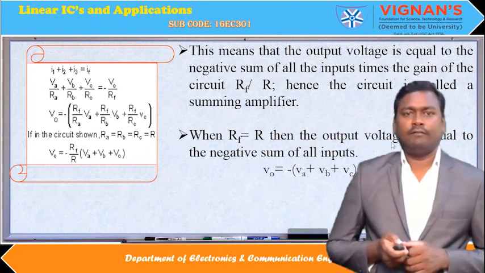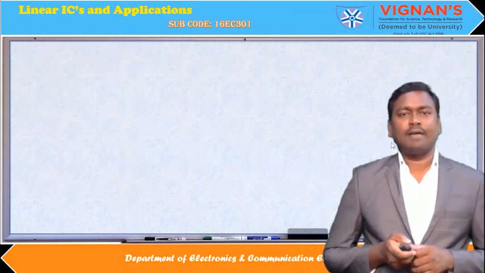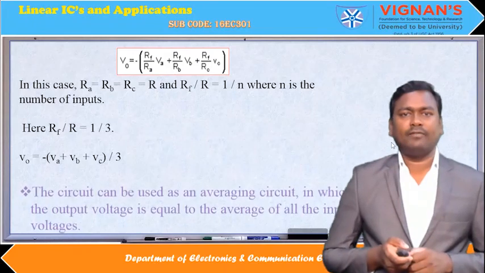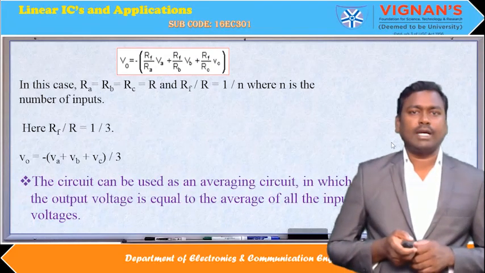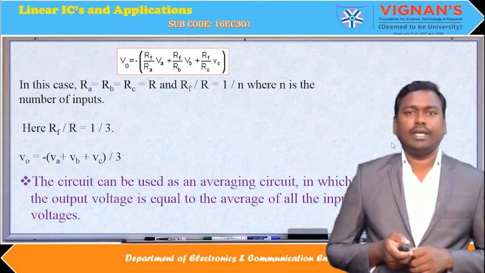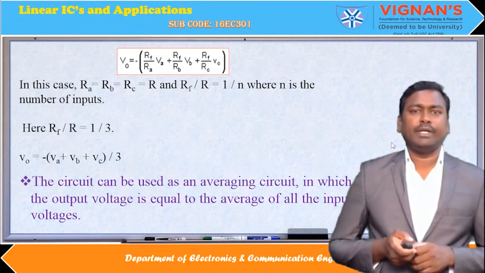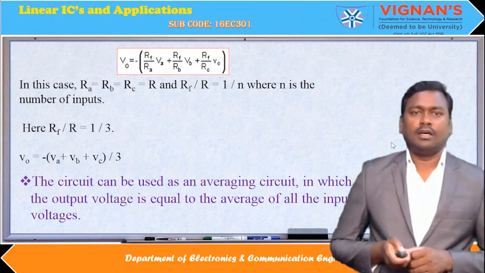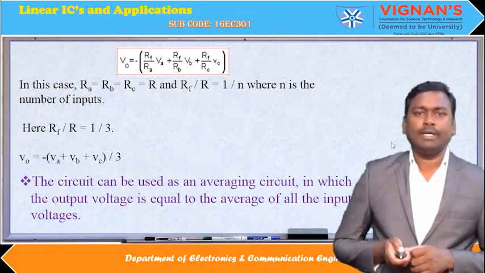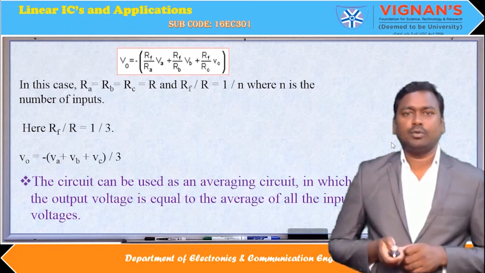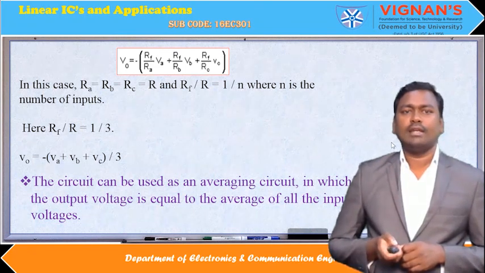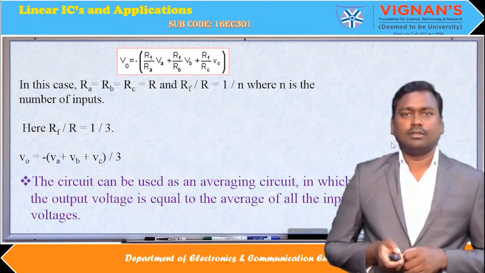Let's see when it behaves as an averaging amplifier. Again take the output equation of the summing amplifier, that is V naught equal to minus of RF by RA into VA plus RF by RB into VB plus RF by RC into VC. Assume RA equal to RB equal to RC, that is equivalent to R, and RF by R is equivalent to 1 by N, where N is the number of inputs.